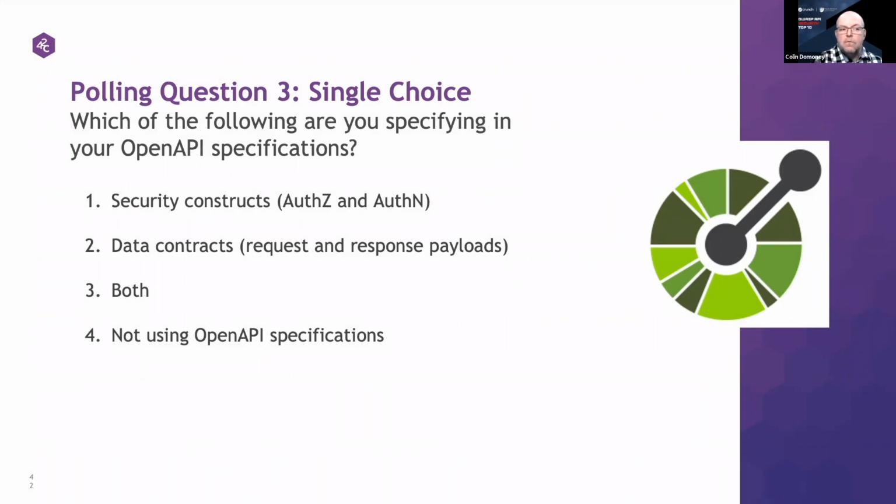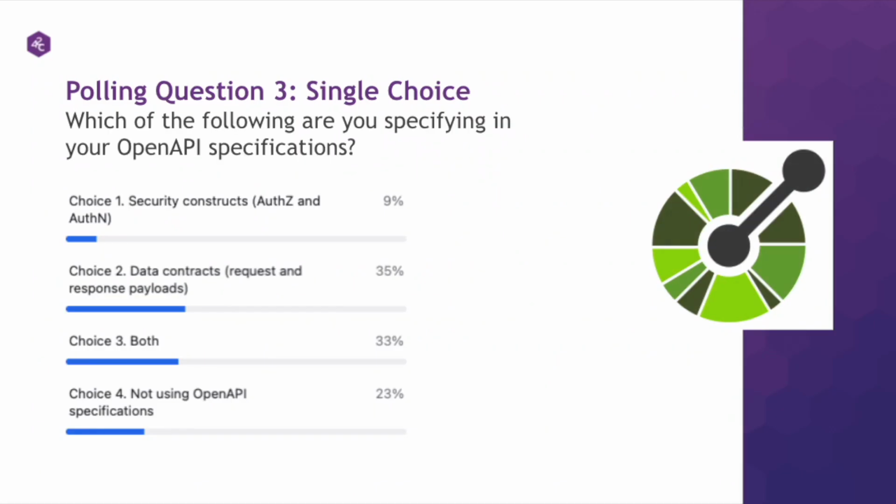The question for people on the webinar is, what things are you putting into your OpenAPI specs? Are you encapsulating your security constructs? Are you specifying authorization? The data contracts, we've just looked at excessive data exposure. Are you capturing that? Hopefully you're doing both, and hopefully it's not answer number 4. So pop your answers through on that, and then we'll take a look at the results.